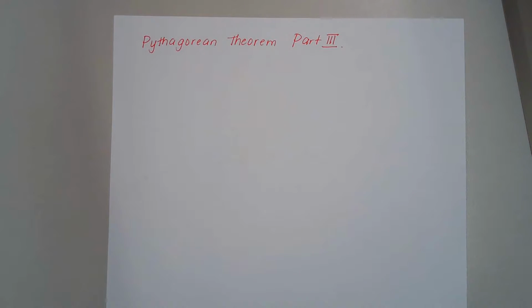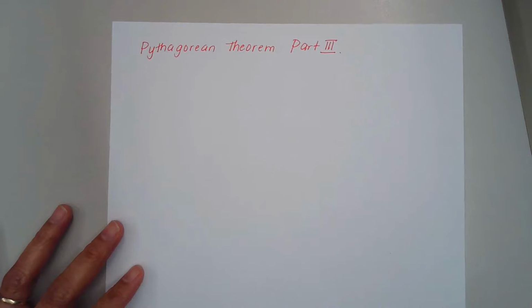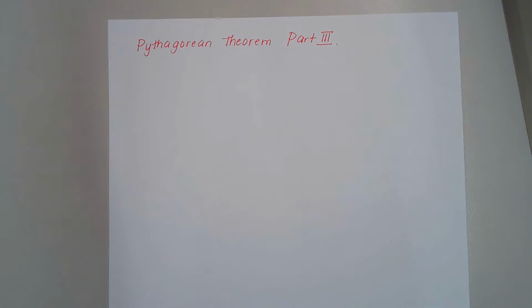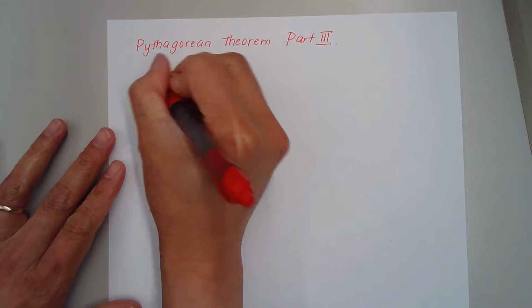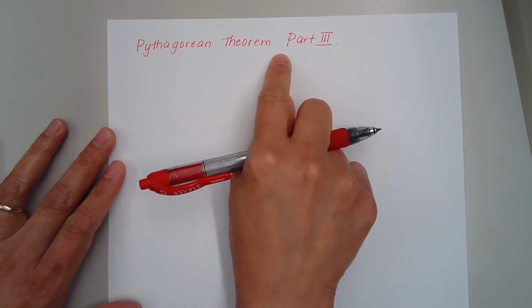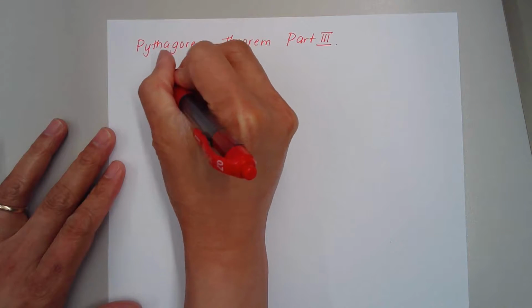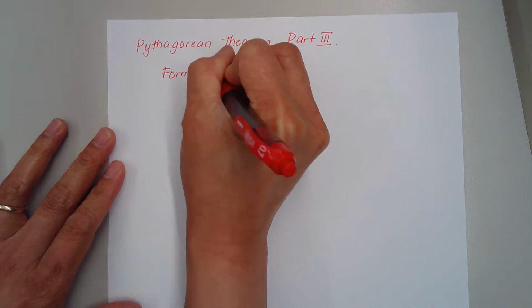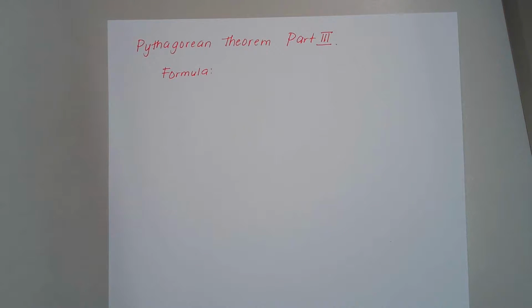Now, before we dive right into this part 3, I just wanted to recap what we've been talking about. So far, Pythagorean theorem, we have a formula. We talked about the formula for Pythagorean theorem. So, would somebody like to tell us what the formula for the Pythagorean theorem is?